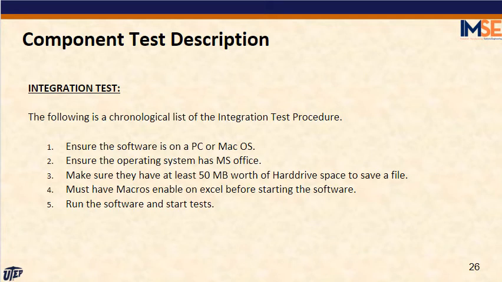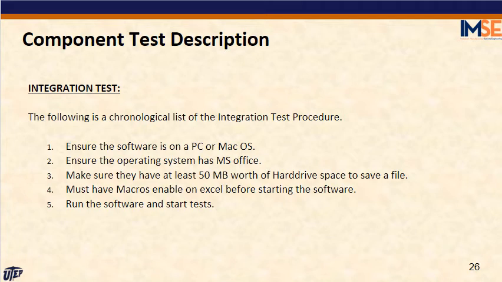The integration test. The following is a chronological list of the integration test procedure. It is to be followed as listed, in order to ensure that the test can be properly conducted and that we can provide reliable readings and results. Number 1, we need to ensure that the software is on a PC or Mac operating system.